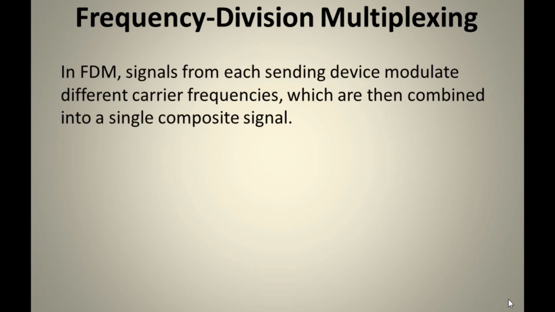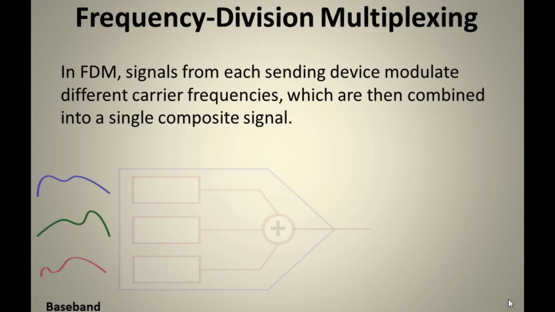In FDM, signals from each sending device are modulated by different frequencies, and they are combined into a single composite signal. What is the meaning of this? On the left side we have 4 signals. These are the information which we want to send. These are also called baseband signals.